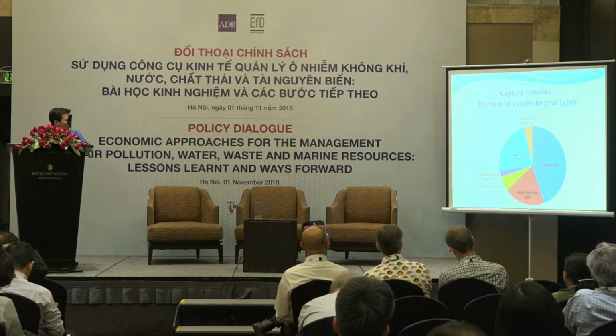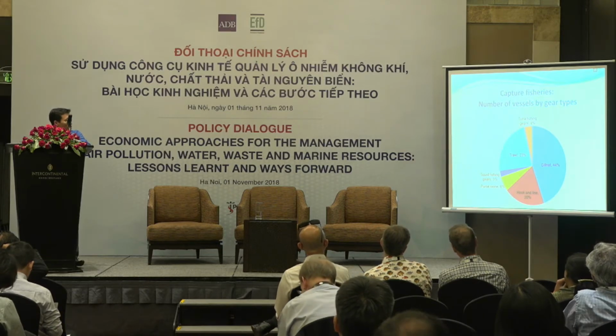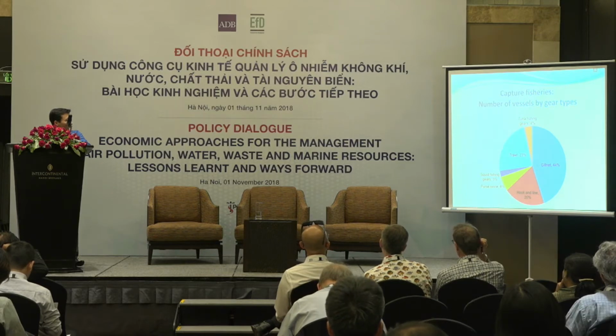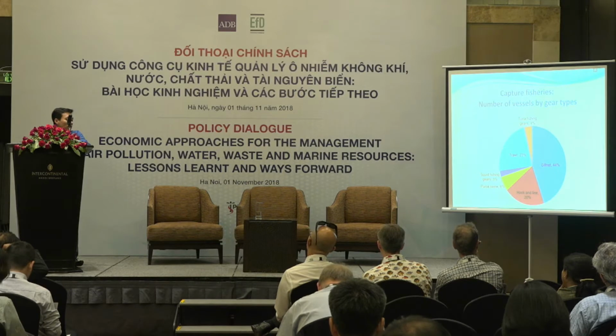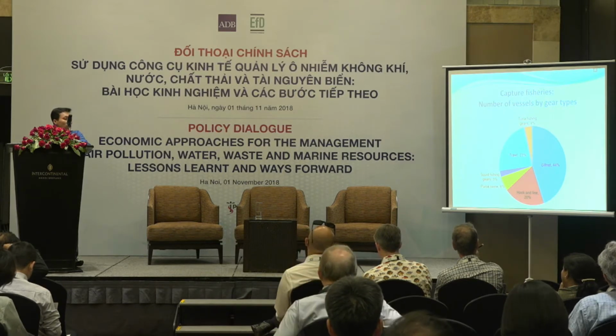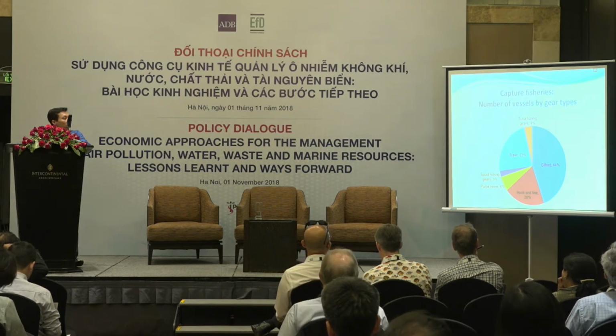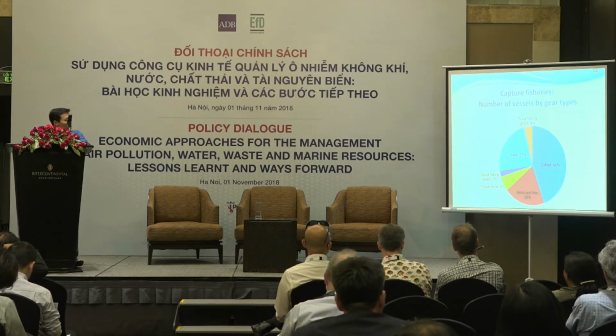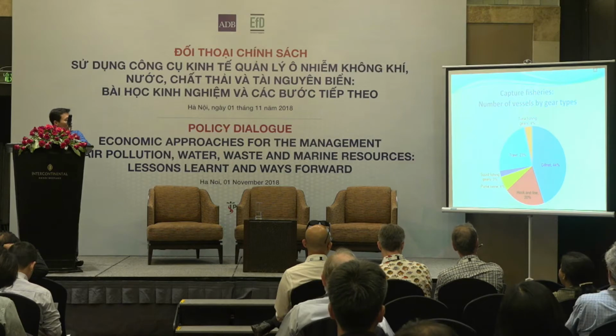In terms of the number by gear type, we have several gear types. There are too many traditional fisheries in our country, but to summarize, we just have some big fishing gear.